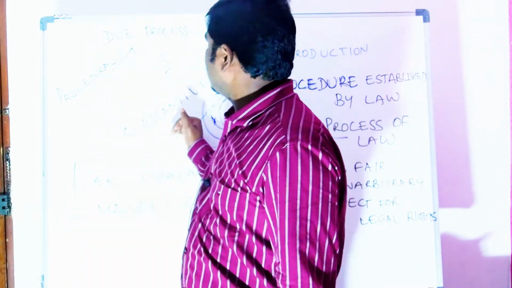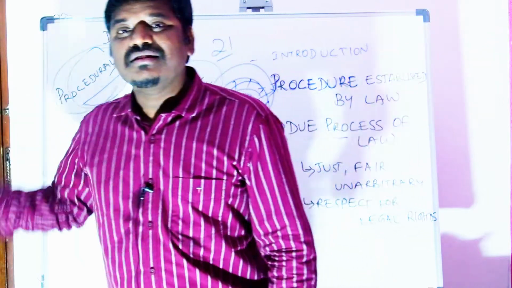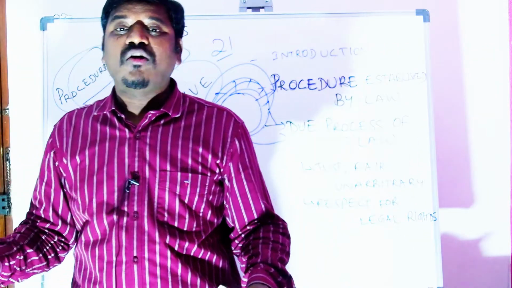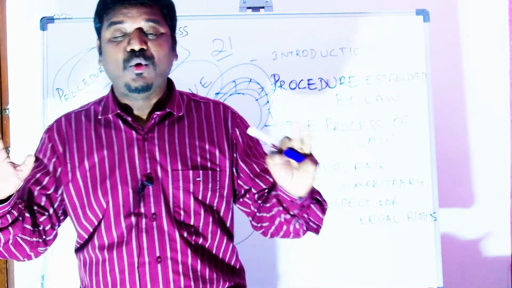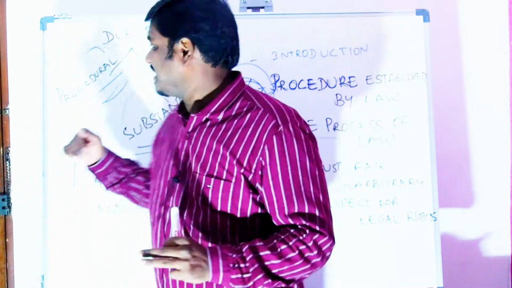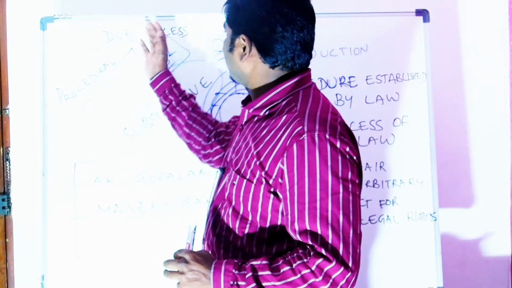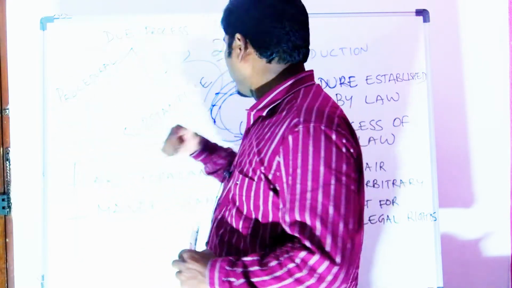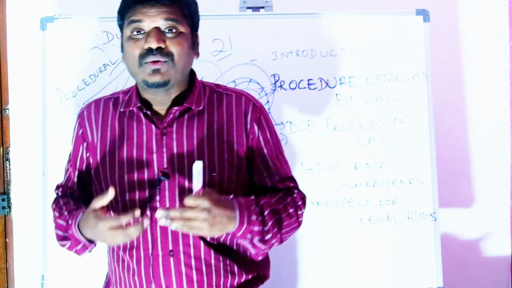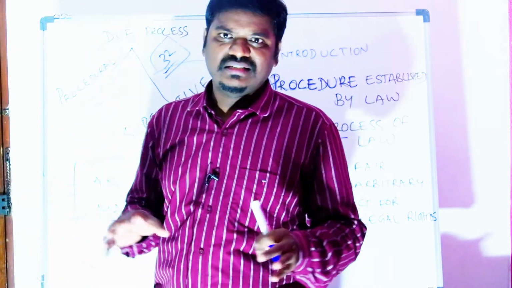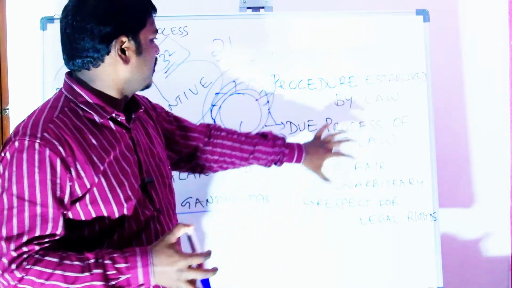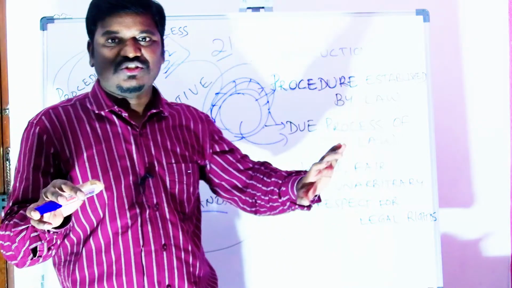The judiciary does not enter into the domain of questioning the motive of the legislation, the motive of the law. So that is the difference between the United States of America following due process of law and us following due process of law. This is in general the understanding of these two concepts.